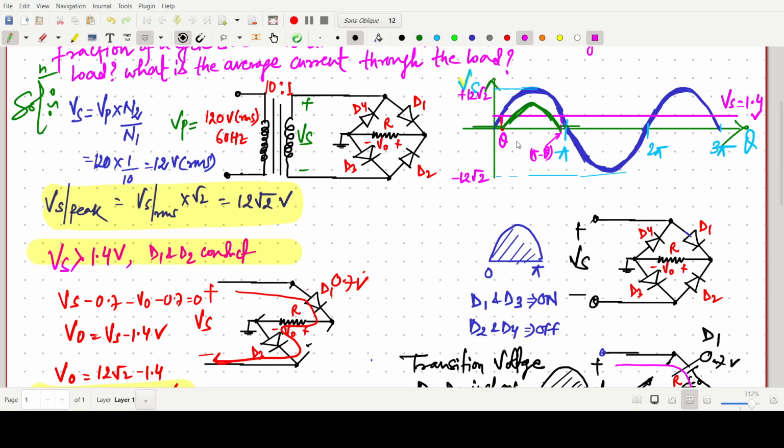For the negative half, for D2 and D3, one more line will come like Vs equals minus 1.4. Then again for this point it will go up. This was the output waveform.